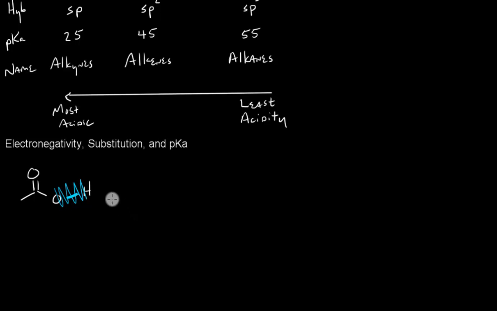Now let's imagine a situation where we lose an H+. After we lose a hydrogen, we get the conjugate base of the carboxylic acid. Now that you've lost the H+, you can think about where the electrons sit on the molecule. Those electrons are now held as a lone pair.